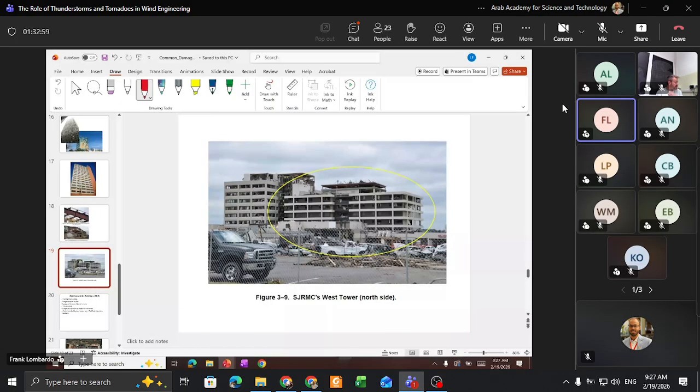Here's another example. This was also in that same tornado, an EF5 tornado in Missouri. This one struck a hospital, and it's a whole interesting case study in and of itself. The building circled is a 7-story steel frame, and the 9-story concrete frame immediately to the left had a lot of cladding damage.